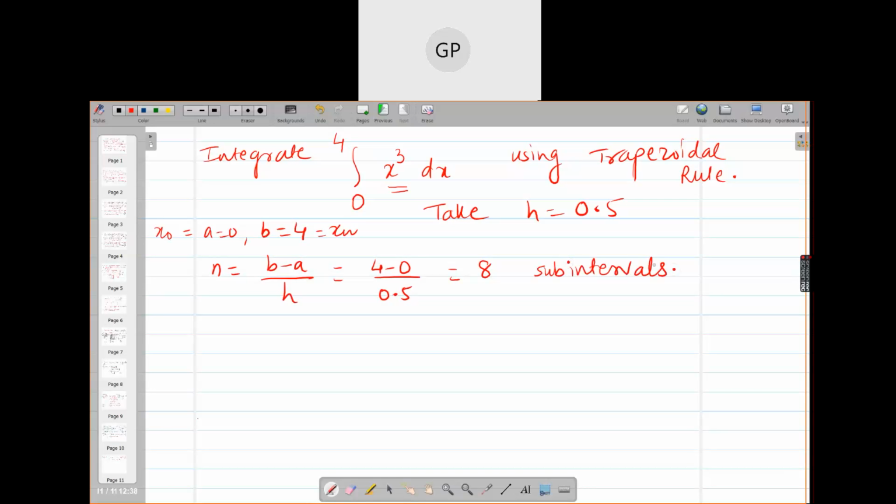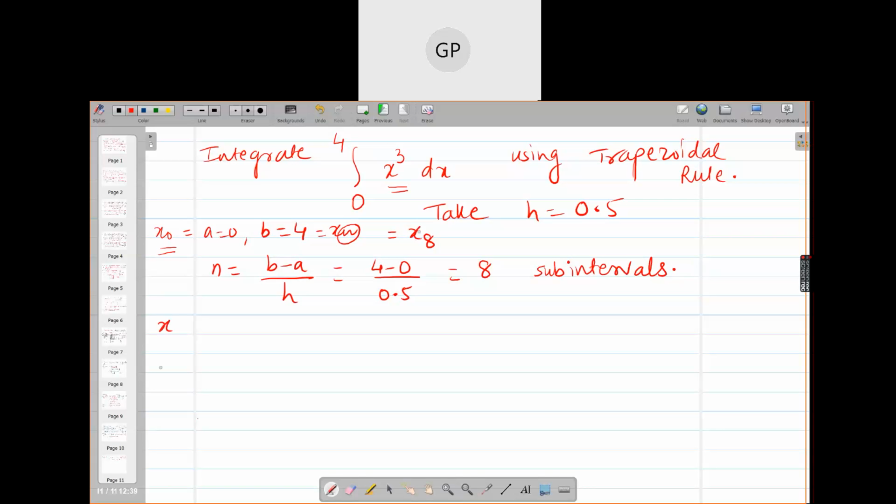Actually, we do not require n in the formula. Do we require n directly in the formula? We require h only. But as we have the first point x0 and the last point xn, here the last point will be x8. Did you understand? n is 8. Yes, ma'am.